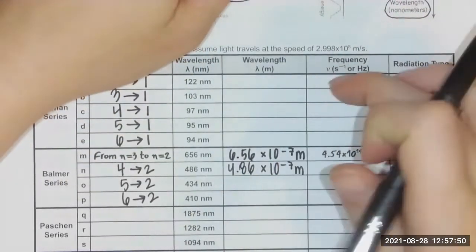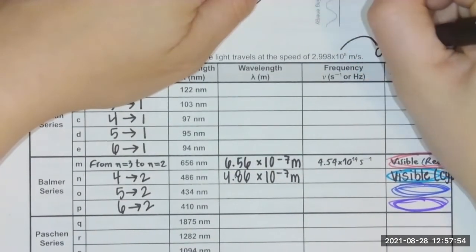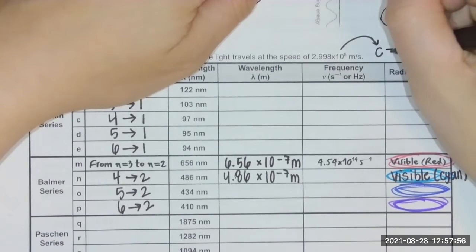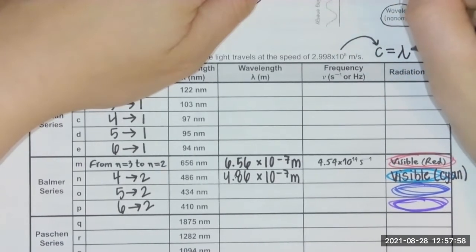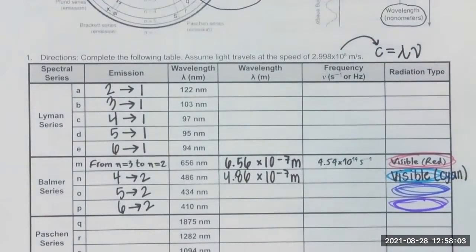So to get from here to here, we put the equation at the top. Speed of light, which is that number, equals wavelength times frequency. So the first one's already been done for us.